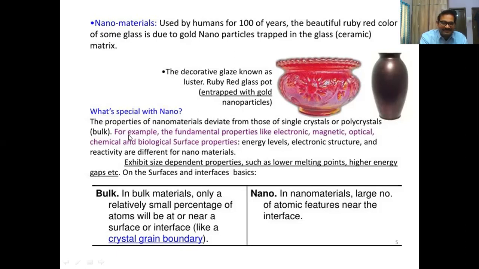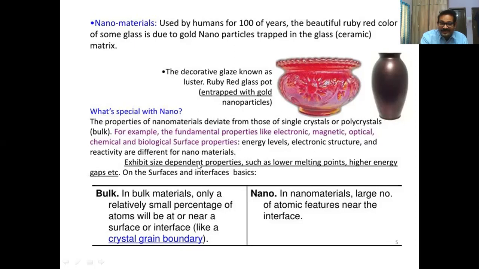So the fundamental properties like electronic, magnetic, optical, chemical, and biological surface properties, energy levels, electronic structure, and reactivity are different in nanomaterials in comparison with bulk materials.